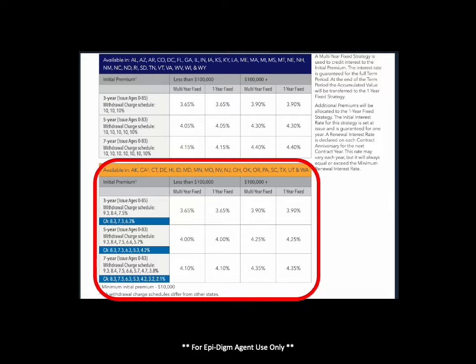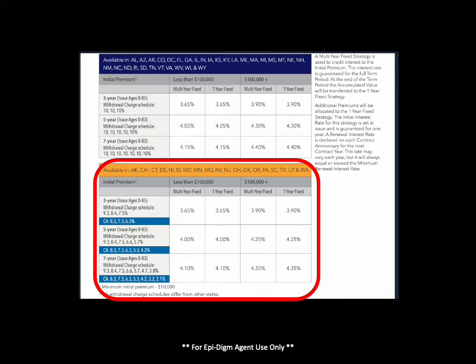As you will see, there are goods and bads about Athene. Number one, Athene is very slow nowadays. They have too much business. And there's another thing you need to consider, which I'll show you. But for 3 years, the withdrawal charge schedule is 9.3, 8.4, and 7.5.